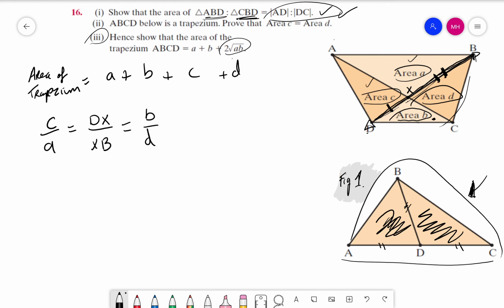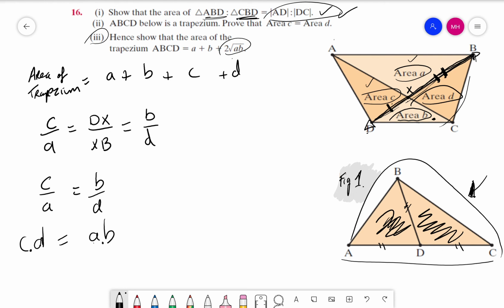So let's just move forward with our letters and cross multiply, and you will get CD is equal to AB. So these are areas. So the area C multiplied by the area D is equal to the area of A multiplied by the area of B. Now we know that the area of C and the area D are the same.